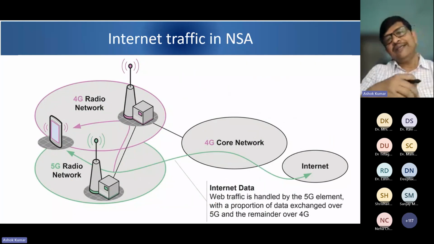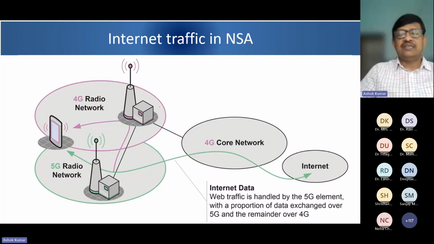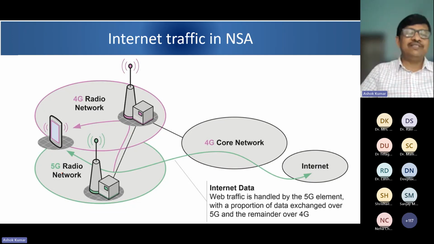So how can internet traffic flow in an NSA network? You can see that there are two ways. If the device is in 5G coverage, suppose the device is here, the data flow will be through the 5G radio network. Of course, this 5G radio is connected to the 4G on the Xn interface.